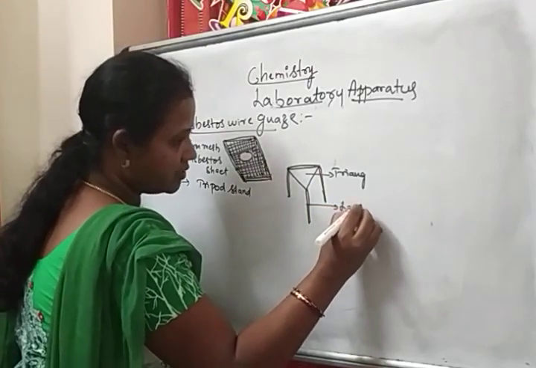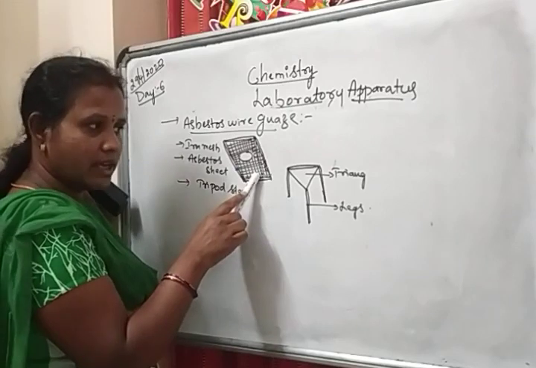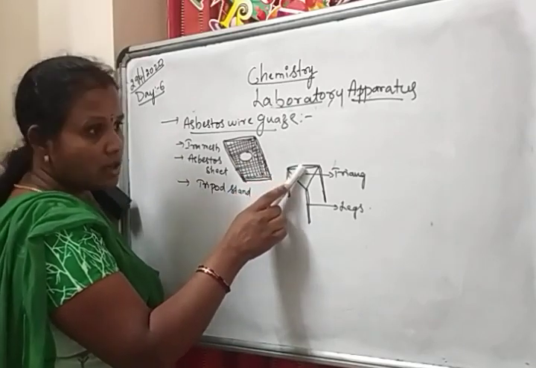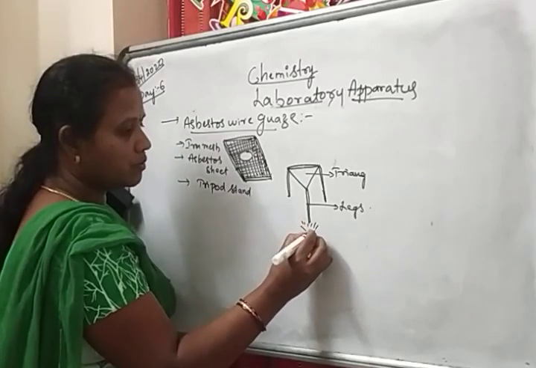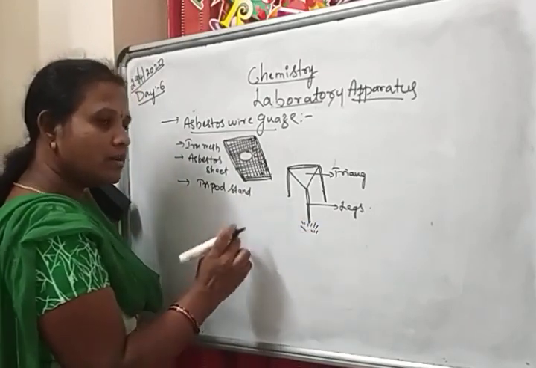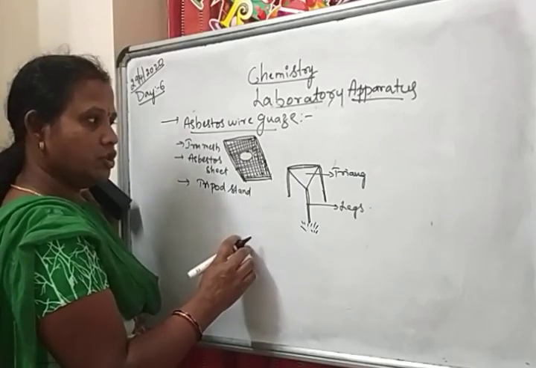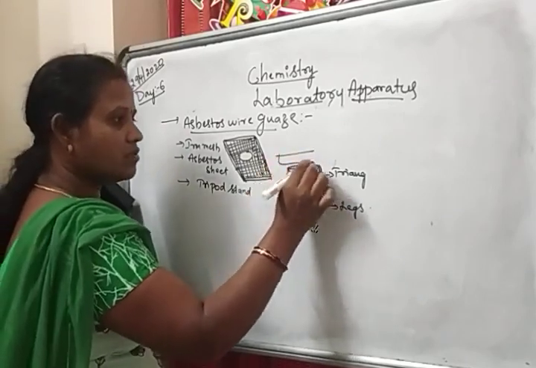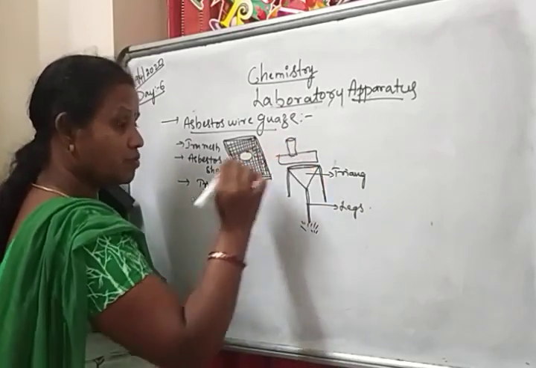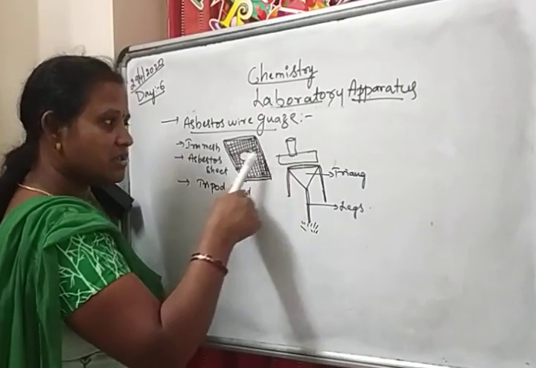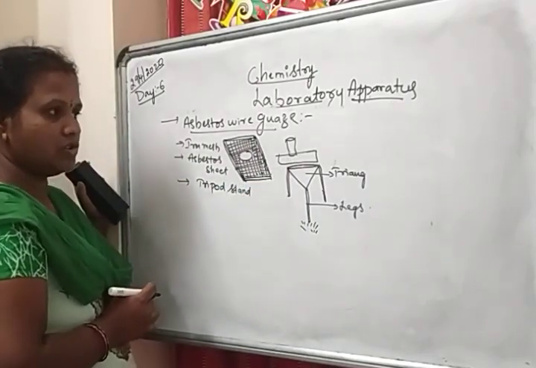And here, this asbestos wire gauze is placed on the tripod stand, and here the heat source is going to be provided. Whatever chemicals you want to be heated, in the round bottom flask or the test tube, are just placed over the asbestos wire gauze.